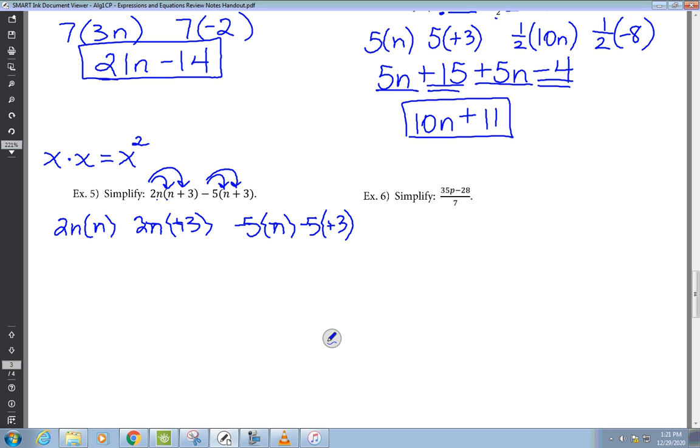So let's do our multiplying. Remember, there's no number in front of a variable. It's understood to be 1, so I'm going to put a 1 in front of each of the n's. 2 times 1 is 2. N times n is n squared. 2 times 3 is 6, and then the n just comes down. Negative 5 times 1 is negative 5, and the n comes down. Negative 5 times positive 3, negative 15.